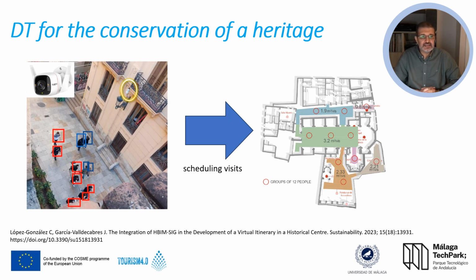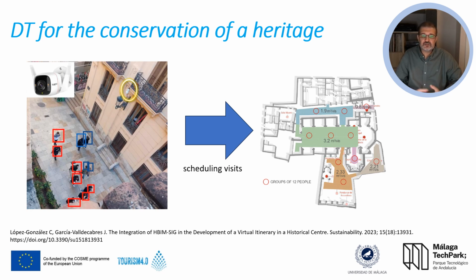In this way, there are cameras that count the people that visit the building and schedule these people between the different chambers. The thing is that each chamber must not exceed the maximum number of visitors, because the CO2 expelled by the people can deteriorate the inner part of this building.